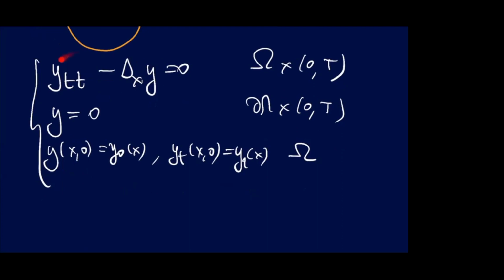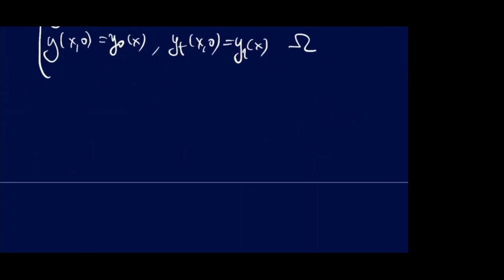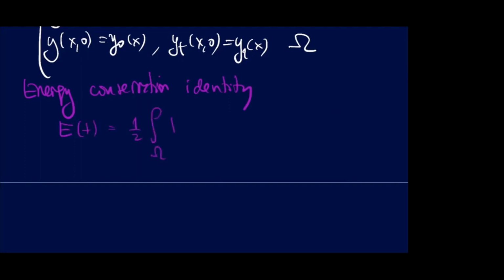If I multiply the equation by yt and integrate over omega, I will have the energy conservation identity, which is: E(t) is just half of the integral of the potential energy plus half of the integral of the kinetic energy, right?